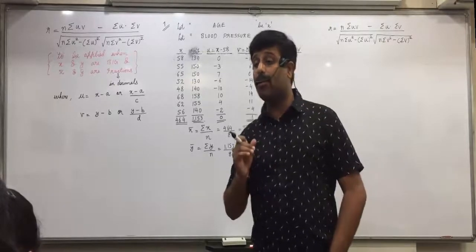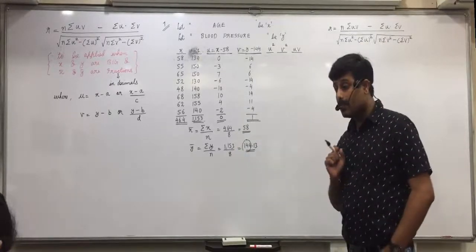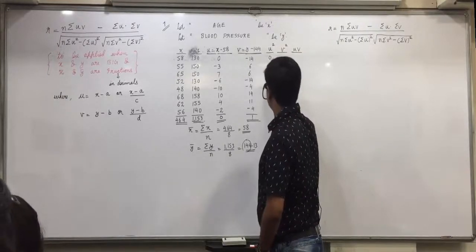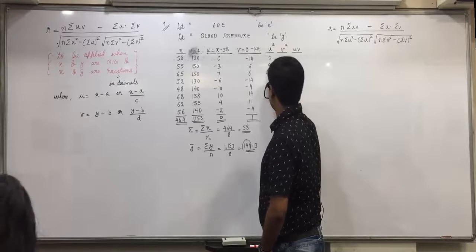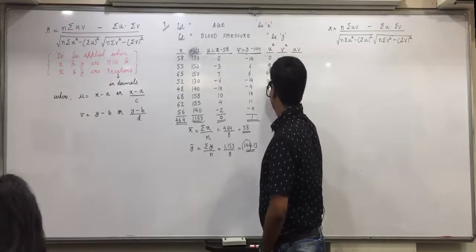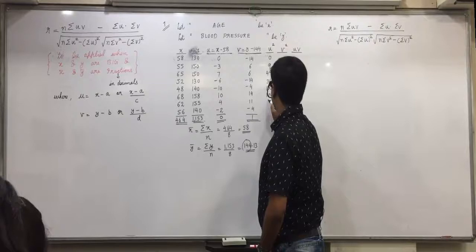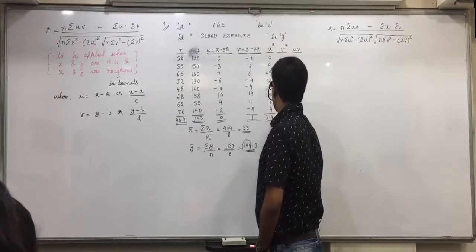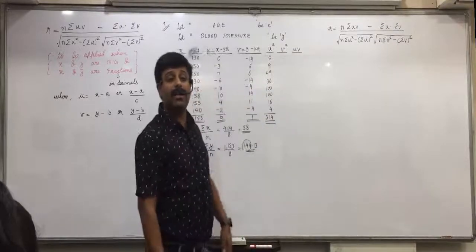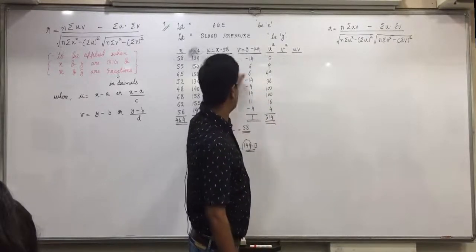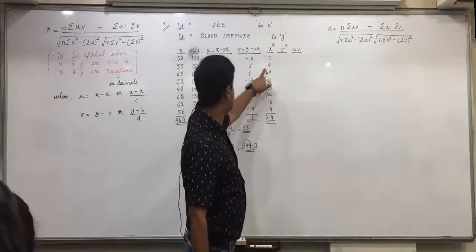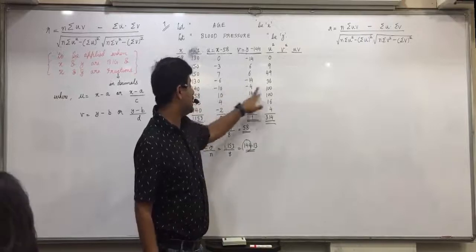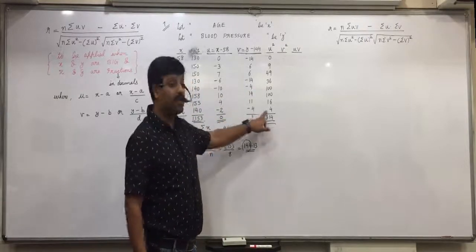Okay, now further if we proceed, then here U square. Yes, did everyone understand the values of U square? 0 square is 0, 3 square is 9, 7 square is 49, 6 square 36, 10 square is 100, 4 square 16 and 2 square is 4.